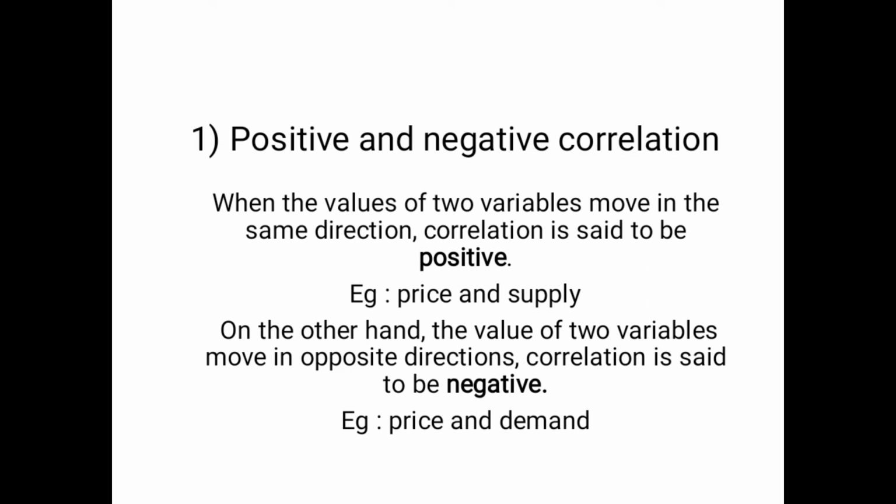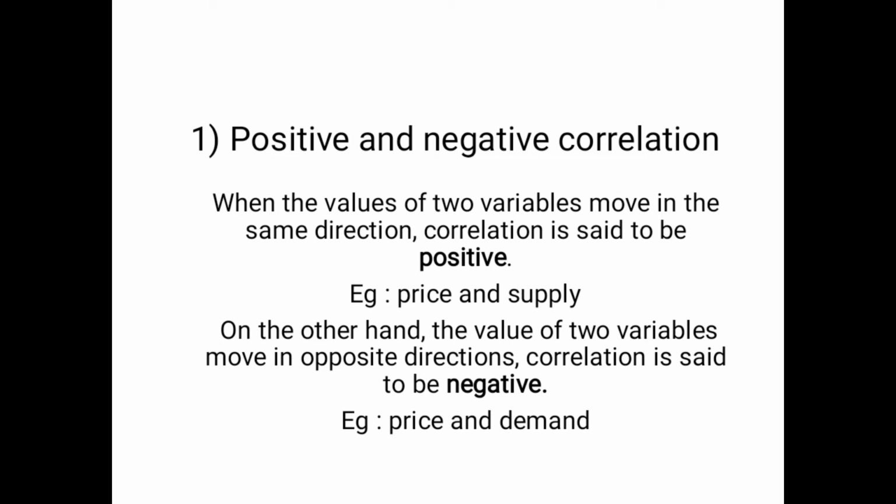Positive and negative correlation. What is positive and negative correlation? Correlation can be either positive or negative. When the values of two variables move in the same direction, then correlation is said to be positive. If the variables are moving and varying in the same direction, it is called positive correlation.